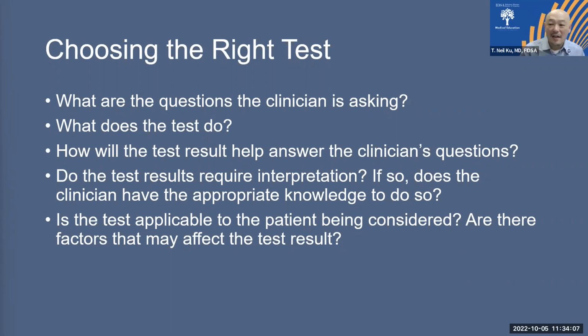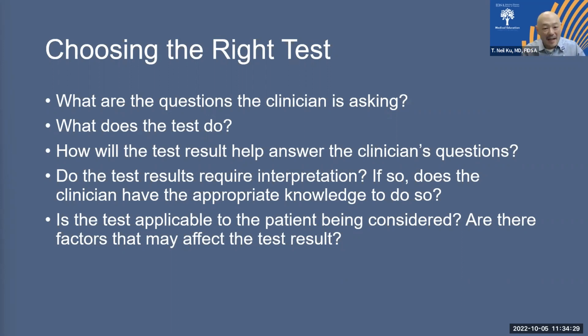And finally, is the test result applicable to the patient being considered? This is more the notion of post-test probabilities. Once you have a result, does this patient really have what you think it is? If it doesn't make sense for the patient, then the clinician needs to reevaluate what that result meant and whether it's pertinent to the patient.